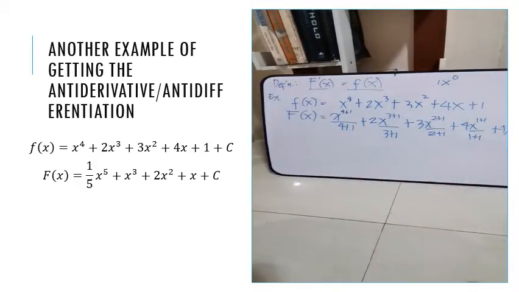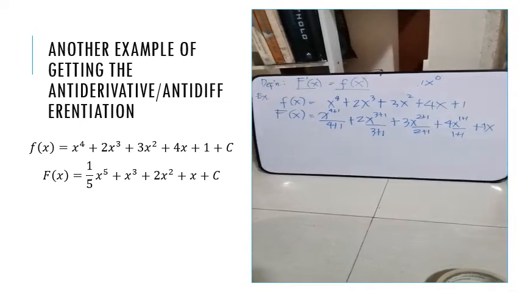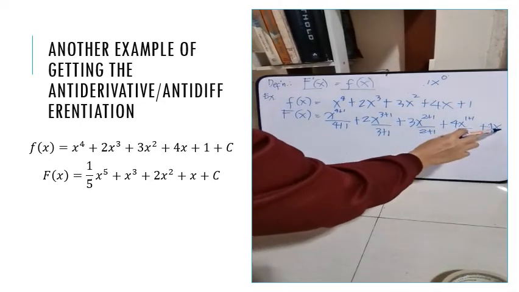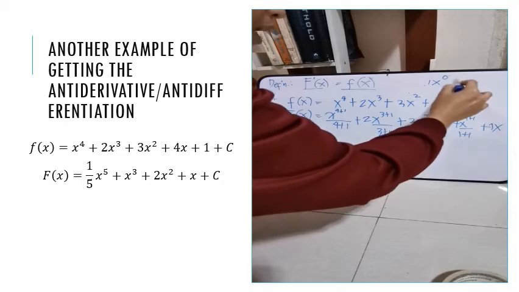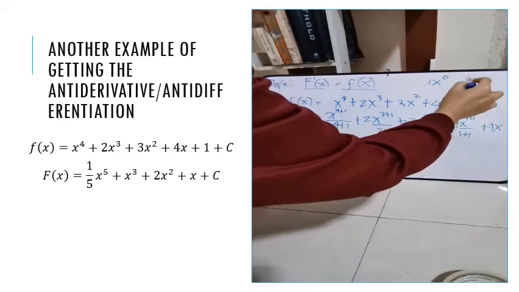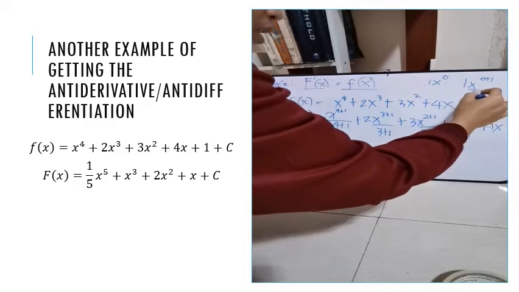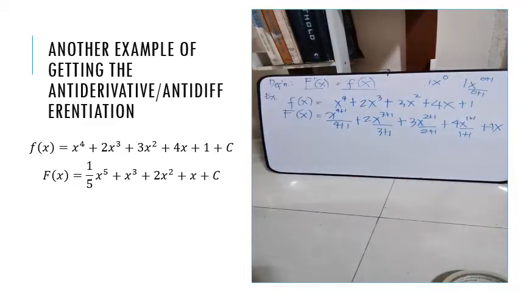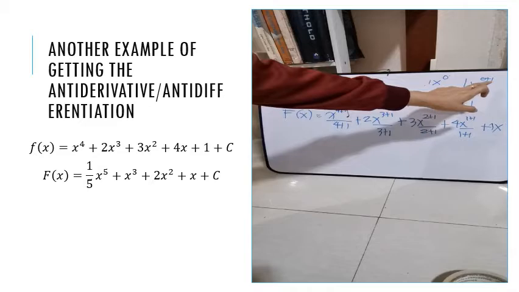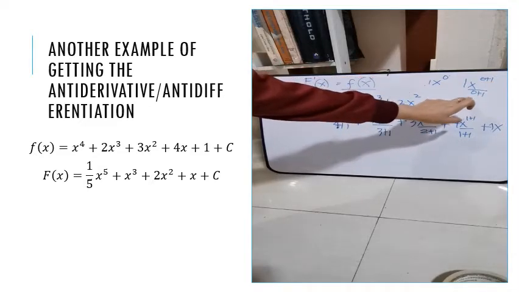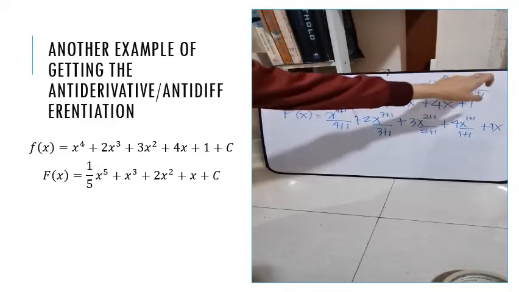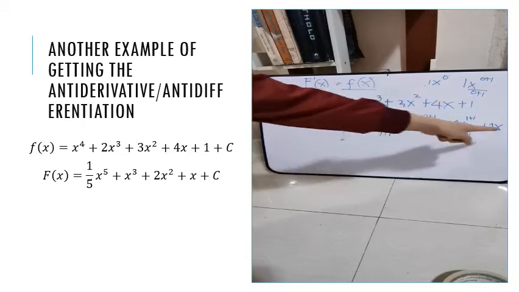Okay, bakit ko nilagyan ng x? Kasi, di ba, x to the power of 0, mag-add tayo ng 1, 0 plus 1, sa denominator is 0 plus 1 pa rin. So, x to the power of 1, tapos sa denominator is 1. So, x to the power of 1 divided by 1 is x pa rin.